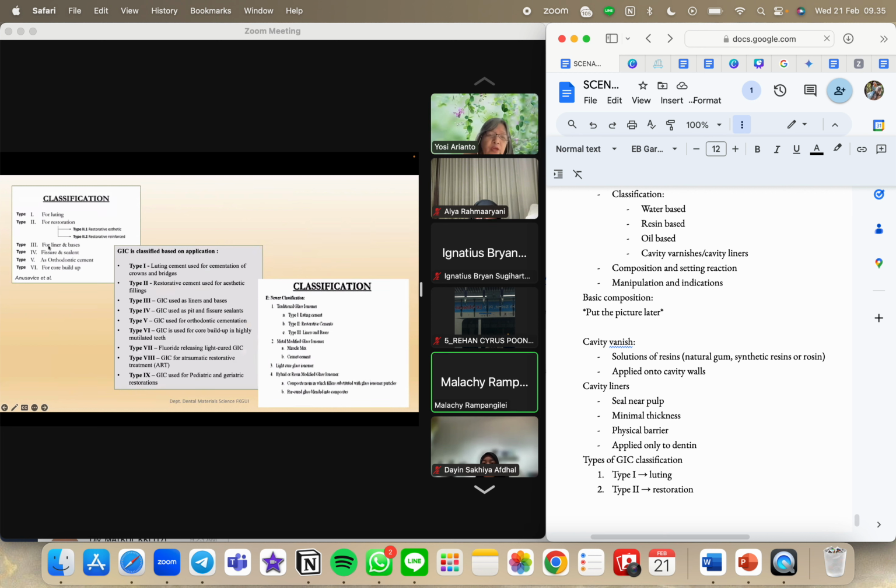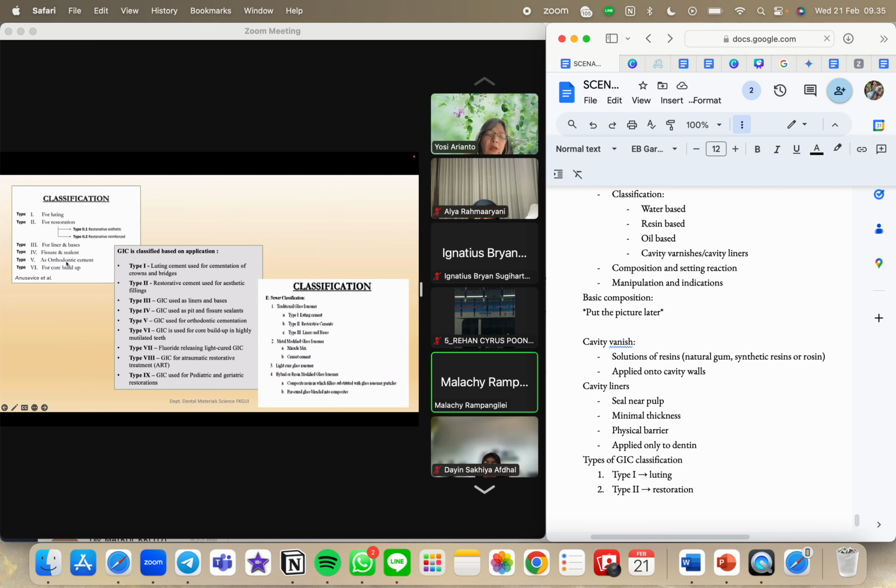And type 3 is for liner or base. Type 4 is pit and fissure sealant. It's for preventive materials. Type 5 for orthodontic cement, only to bind the bracket onto the enamel. And type 6 is for core build up.